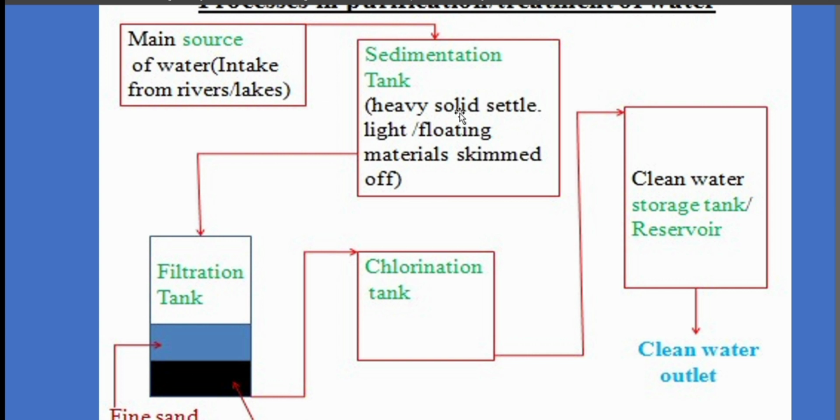Remember, this is a process where we are cleaning the water from either the lake or the river for consumption and many other functions. From the sedimentation tank, we pump this water into the filtration tank.